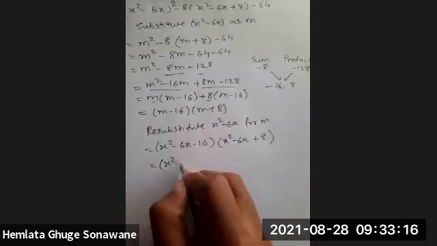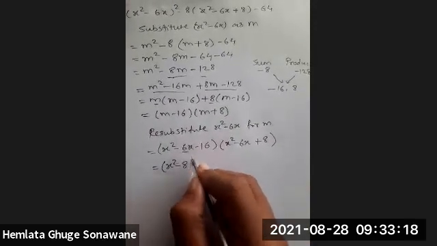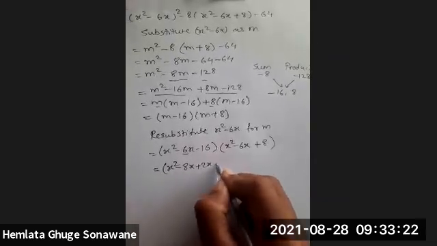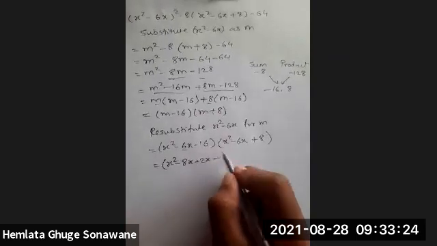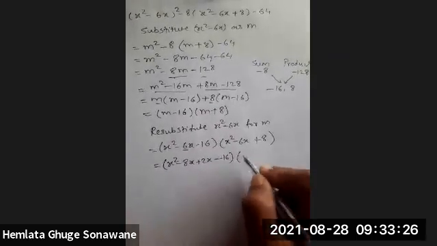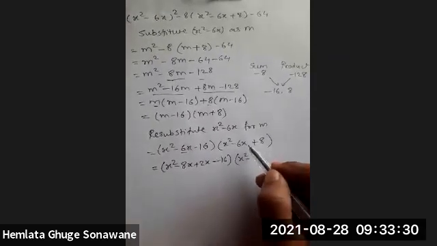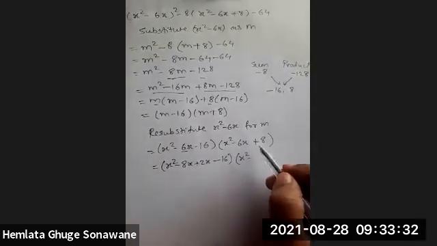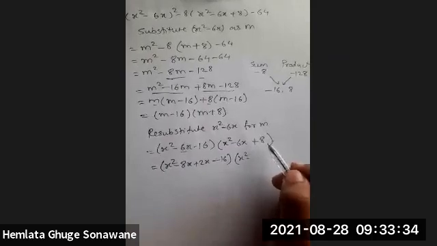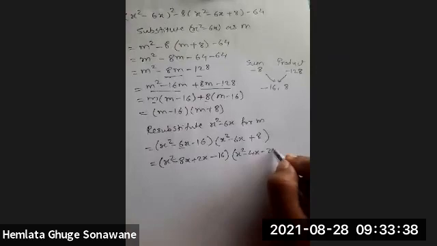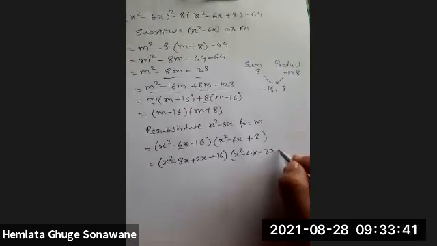We can take minus 8 and plus 2 as factors for 6x, minus 16. Next, x square as it is, for minus 6x sum and plus 8 product, we'll take minus 4 and minus 2 as factors.